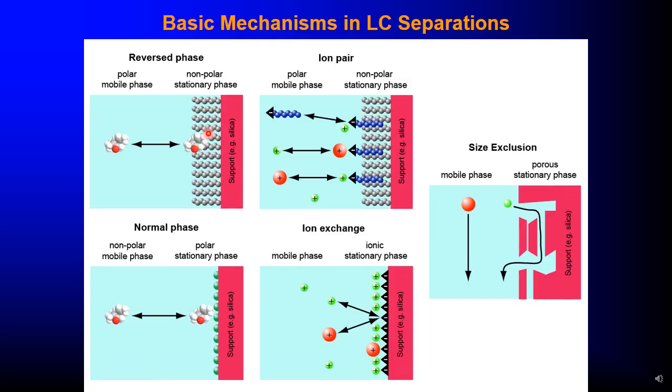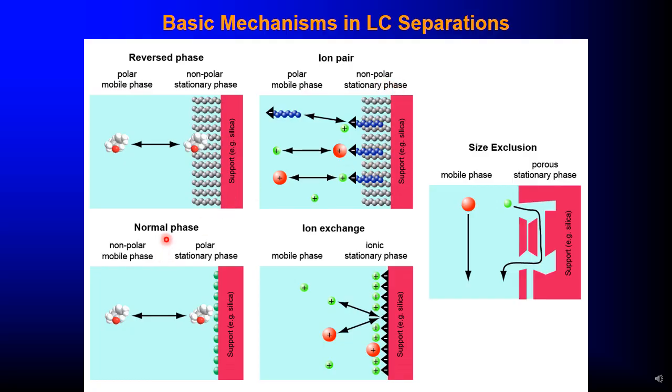If you look at reverse phase, we have a polar mobile phase and a non-polar stationary phase. Then we have ion pair, with a polar mobile phase and a non-polar stationary phase.